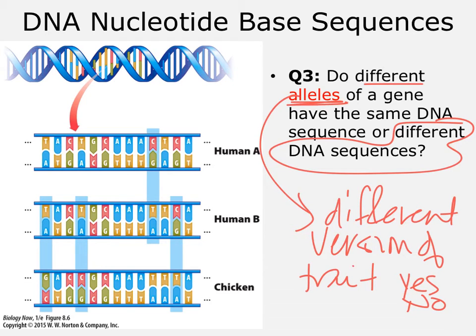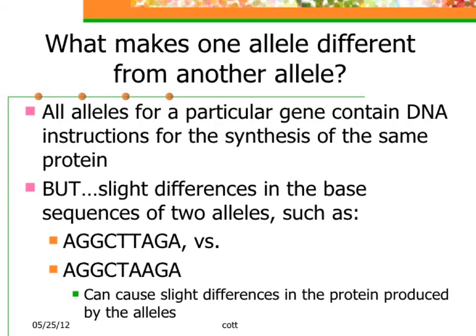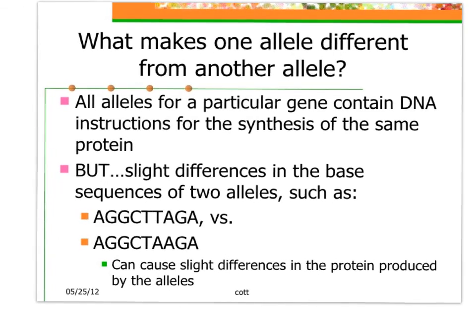The sequences have to be different to have a different allele, but not so different that it totally changes the function of the protein or makes a different function. That would be a totally different gene. So slight differences make different alleles. Well, what makes one allele different from another? See, right here. Yes, a little bit different. Do we see a difference?